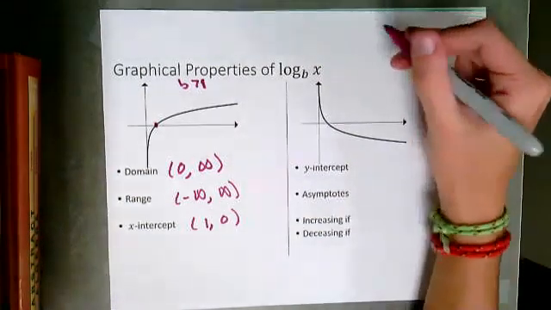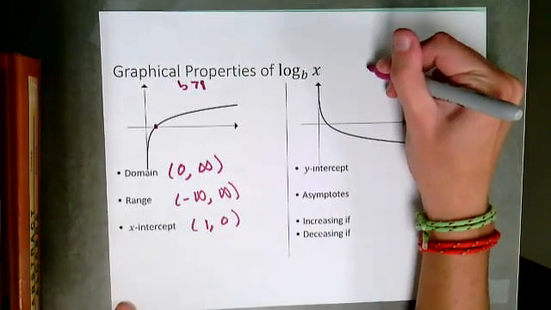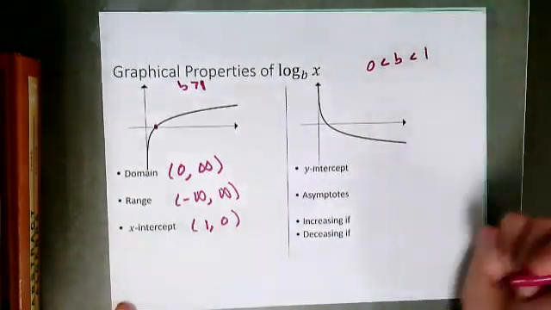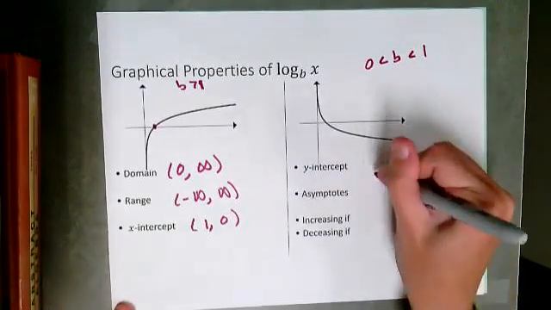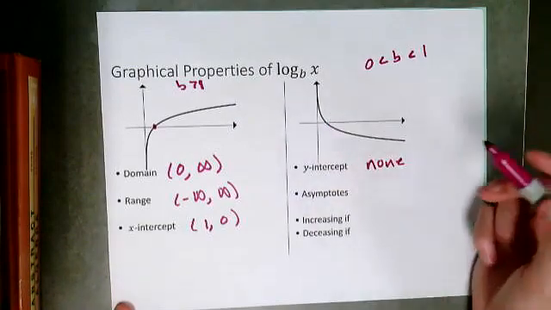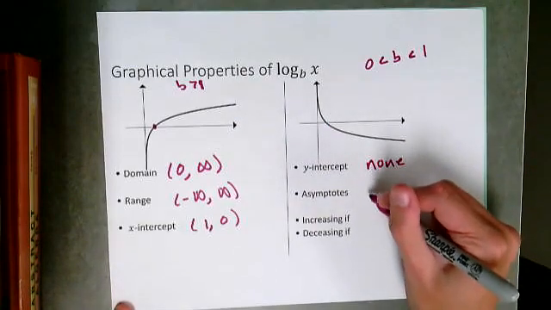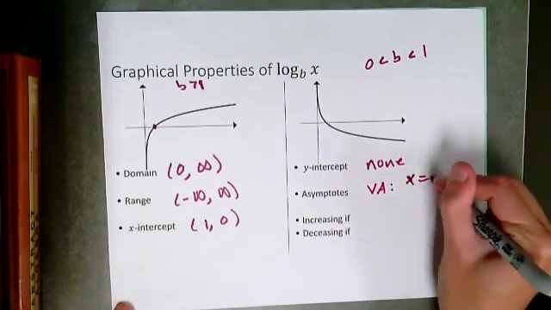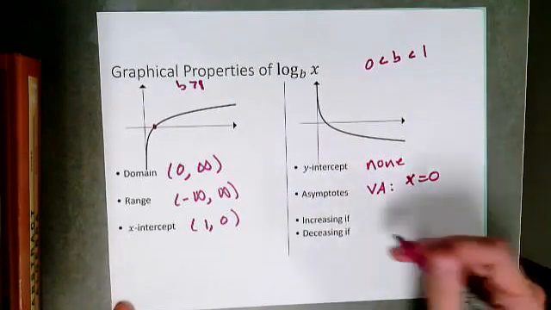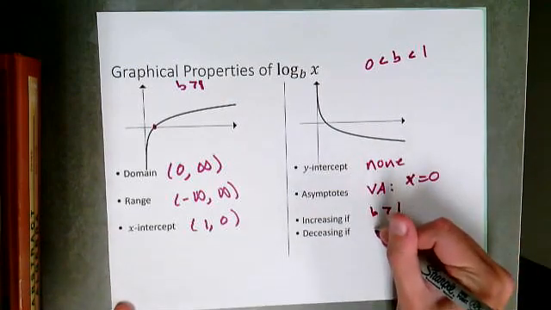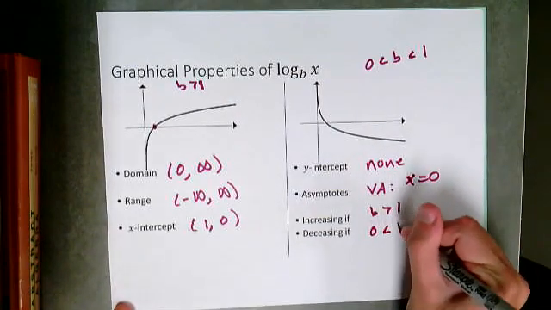So let's look at this guy. This is for 0 less than b less than 1. Y-intercept, it doesn't have any. X-intercept, it does have one there. Asymptotes, it has a vertical asymptote at x equals 0. Increasing if b is greater than 1, and decreasing if 0 is less than b is less than 1.